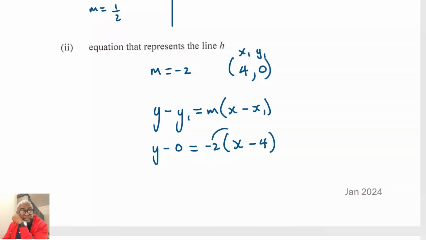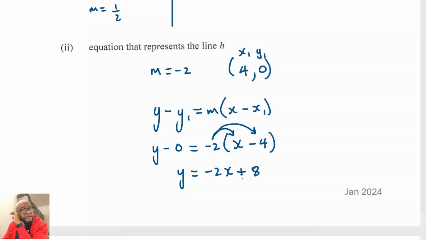Get rid of the brackets: -2 by x, -2 by -4. y minus 0 will be y. -2 by x will give me -2x. -2 by -4: negative by negative is positive, 2 fours are 8.